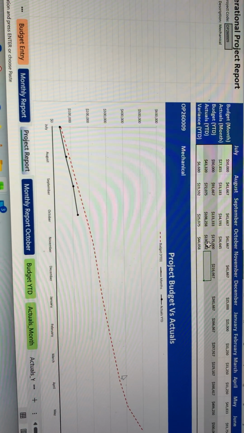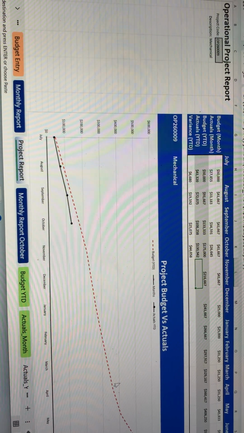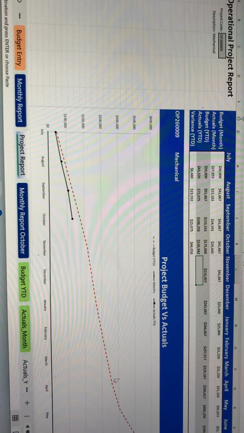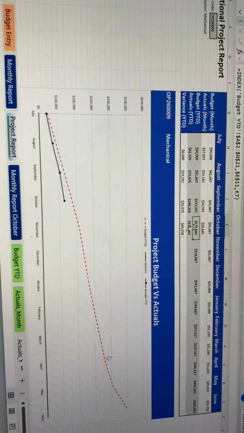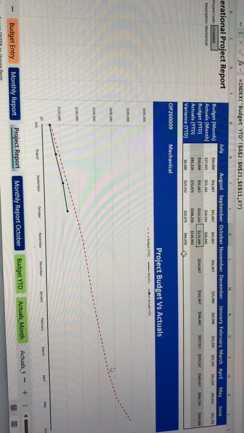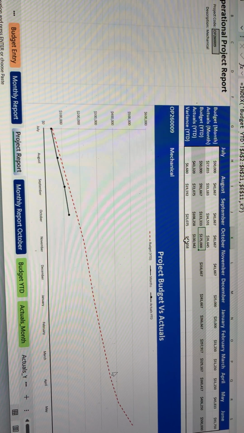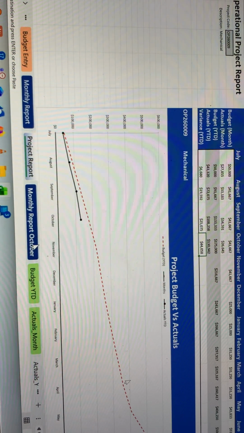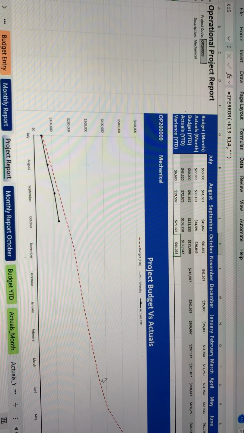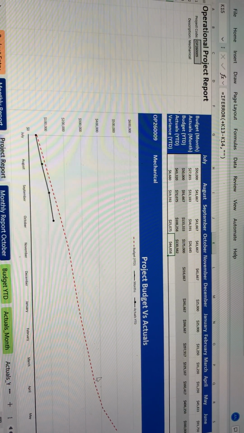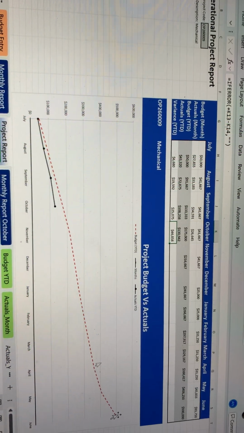I don't have a percentage on this one. Maybe I should. Mechanical. Budget 175, 44 underspent. Yep. It'd be exactly the same, Scott. It'd be just a matter of understanding where, not knowing what we don't know.